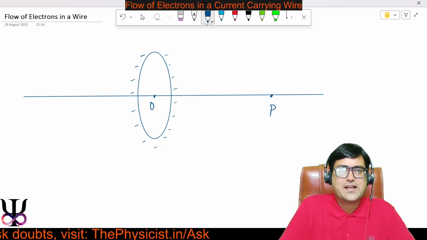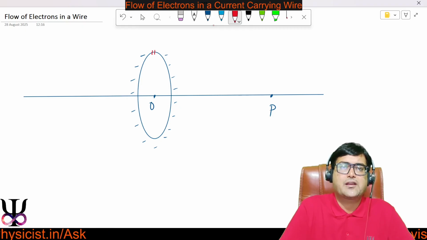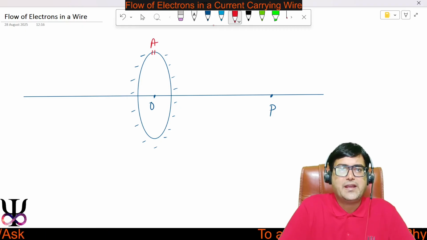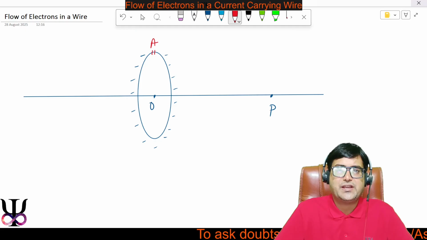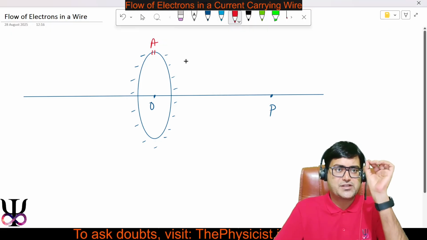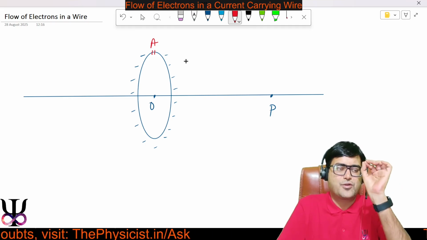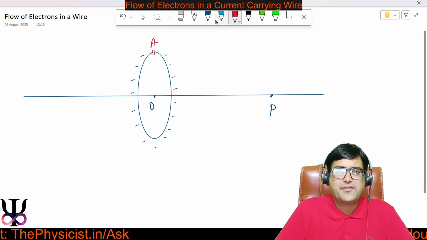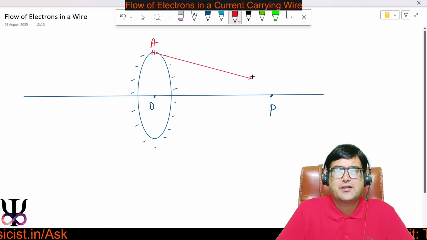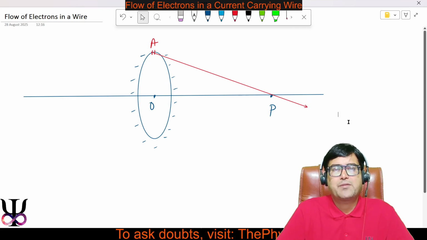To understand that, imagine I choose a small portion of the ring at a point called A. Now if I want to see the effect of this negative charge dq at A, the effect will be like this. It will try to repel the electron at P in that particular direction along the position vector.